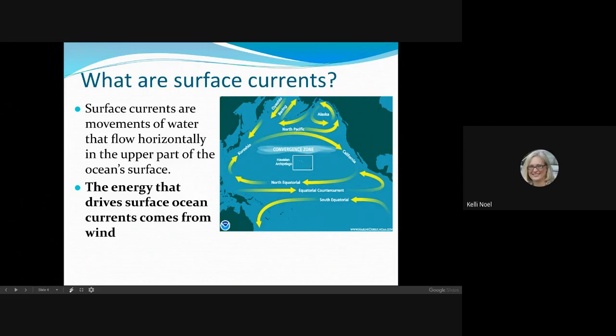Start with movements of water that flow horizontally. I guess you could stop there because it's obvious we mean in the upper part.